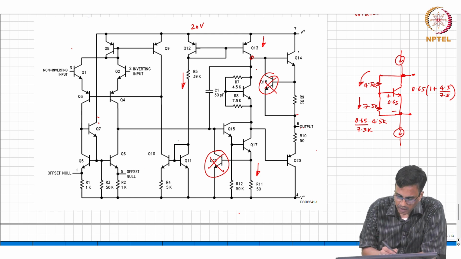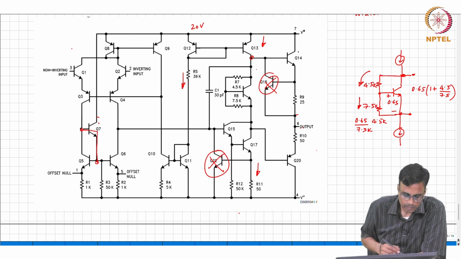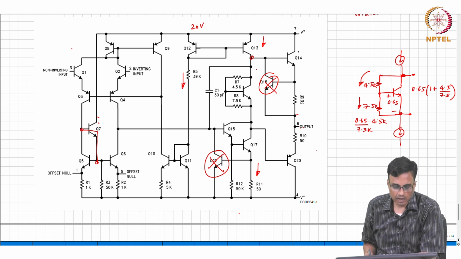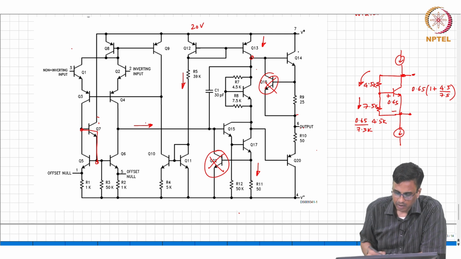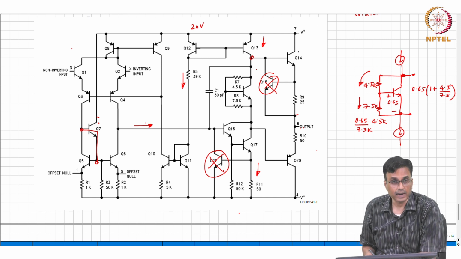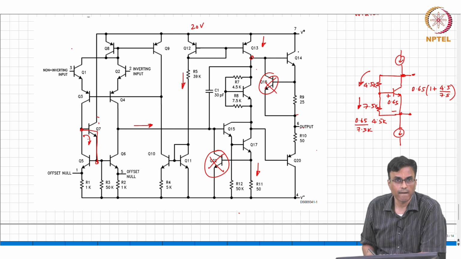but on the other hand, let us say you did not have Q7 and you just shorted this transistor here. You can see that the base current being drawn by Q15 is not the same as the base current being drawn by Q5.